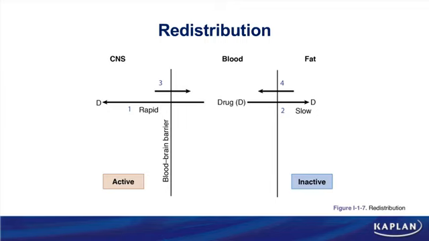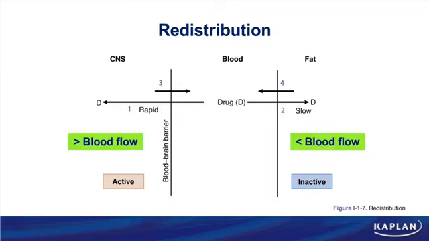Well, this goes back to an earlier concept on vascularity. Which is the more vascular tissue? Is it the CNS or the fat? Obviously, it's the CNS. With greater blood flow, the CNS is going to get a higher concentration of the drug initially on initial distribution. So the drug moves into the CNS.